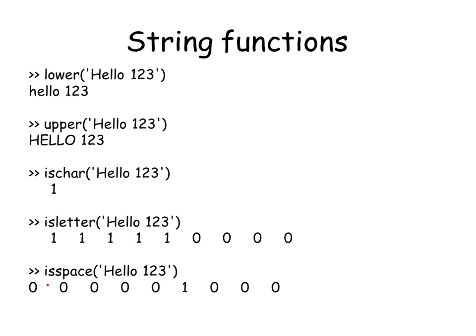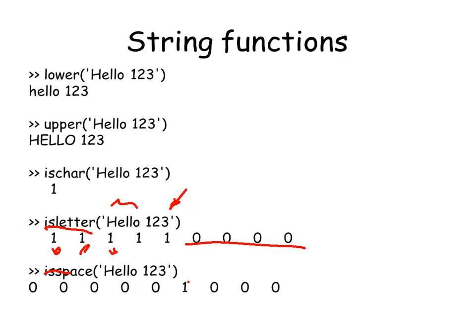IsLetter function will tell you whether the characters in a string are letters or not, whether they're alphabetical characters. And you will get a new logical vector that has the same size as the input string, and you will have a 1 wherever you have an alphabetical character, wherever you have a letter, and 0s everywhere else.